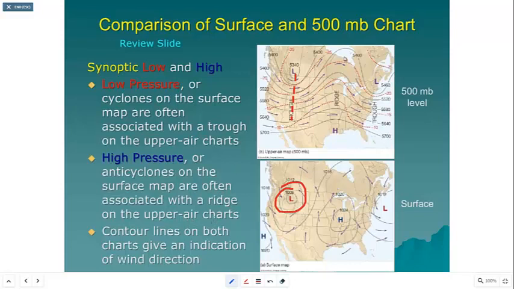So here's your ridge working through here, and if you go down to the surface, there's your high pressure system associated with that ridge. So these are a synoptic low and a synoptic high pressure system because they have support from features in the upper atmosphere. Trough with the low, ridge with the high pressure system.